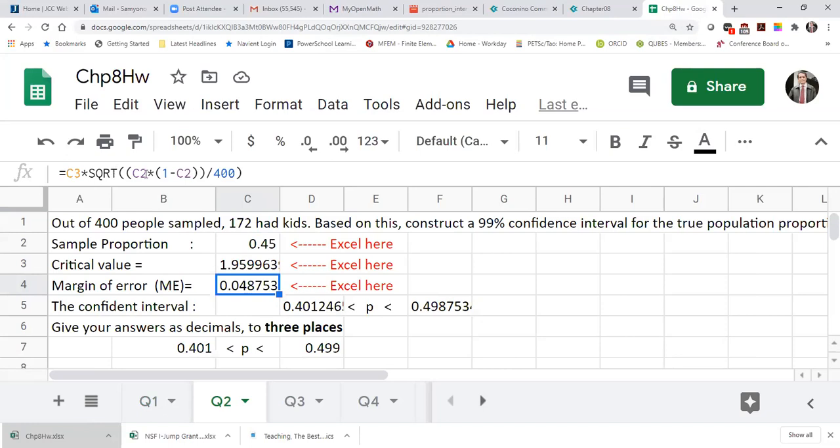C2 is the sample proportion, multiplied by the Q. The Q is 1 minus the P hat. So you already have the formula there, just need to enter. And automatically you also find the confidence interval. So you can see on the left side, you subtract the margin of error, which is C4, from the C2, which is the proportion. On the right side, you add the margin of error to the proportion. Okay.